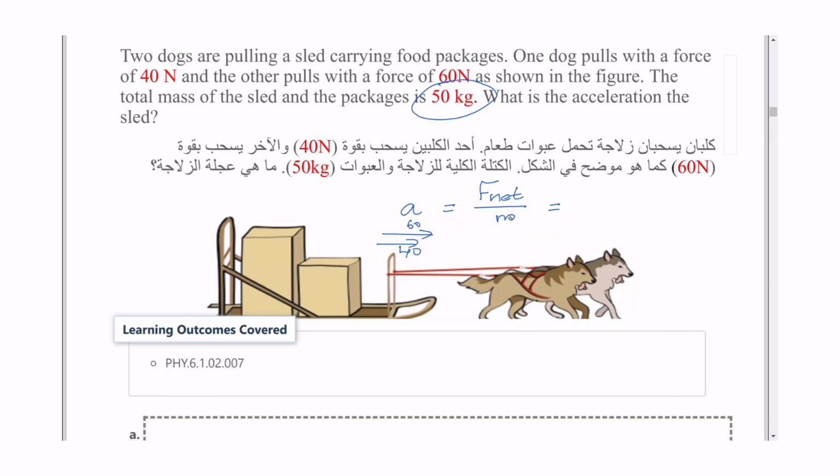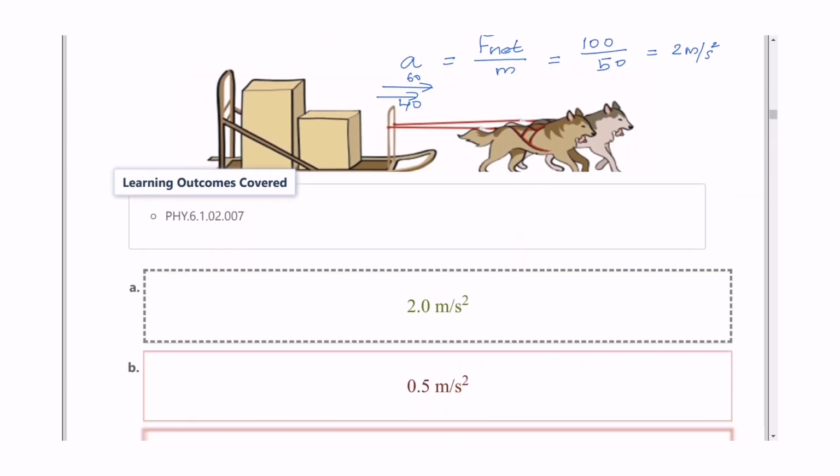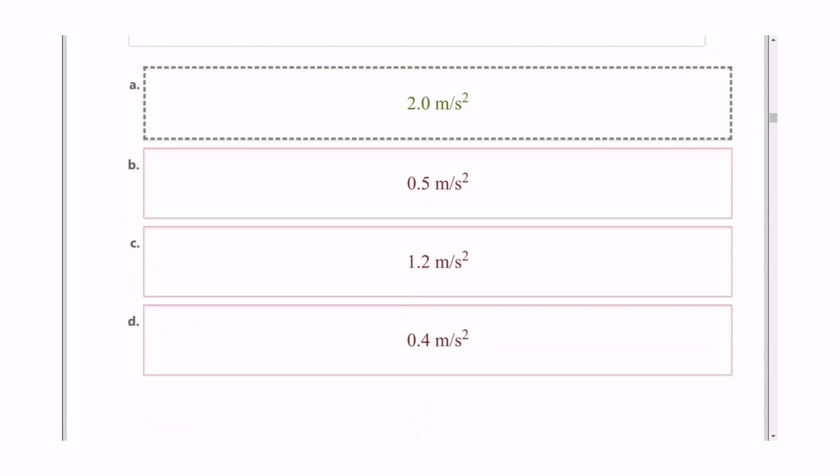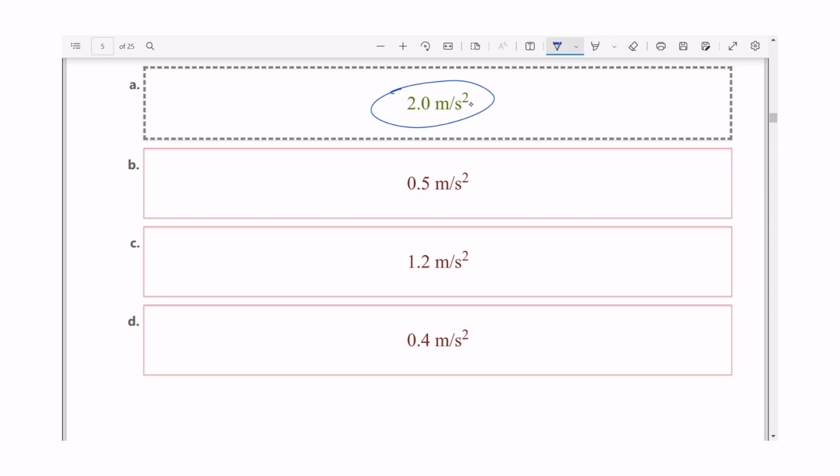When we add these 2 forces, the total force will be 100 Newton, and the mass of the sled and the packages is 50 kilogram. So 100 divided by 50 is equal to 2. 2 meter per second squared, because meter per second squared is the SI unit of acceleration. So 2 meter per second squared is the value of acceleration. So this is our correct answer, the choice A.